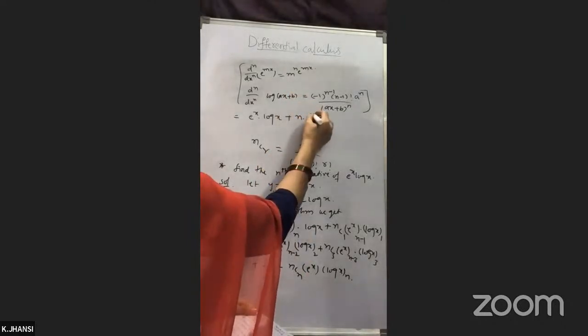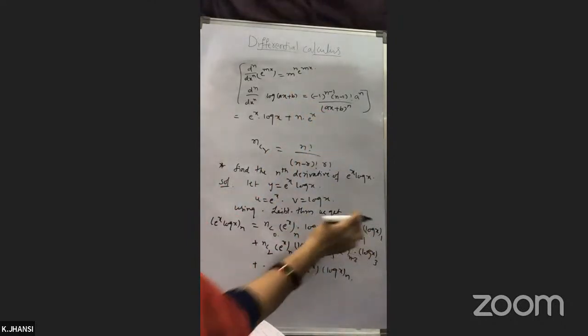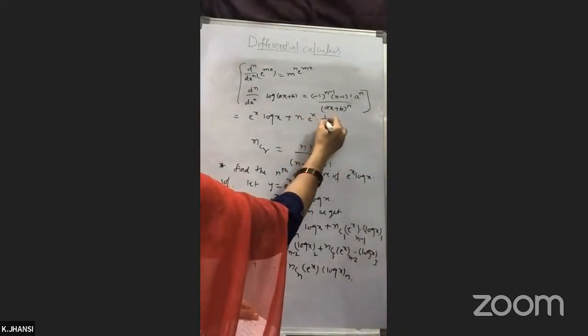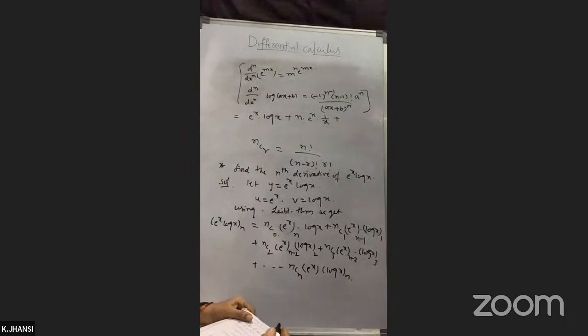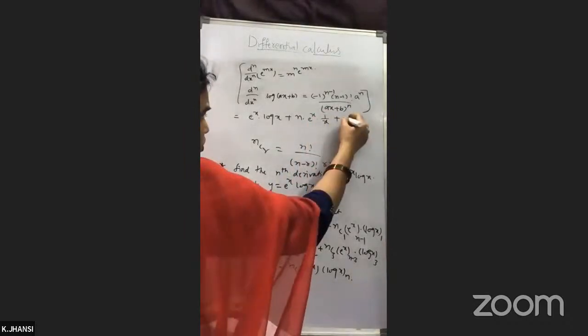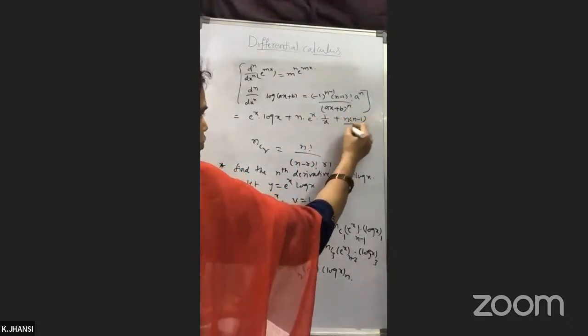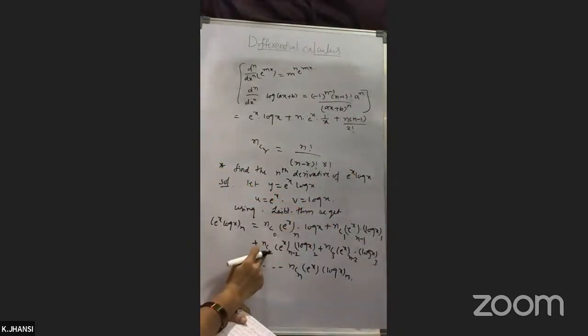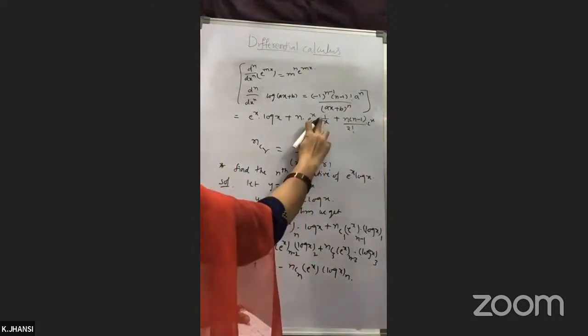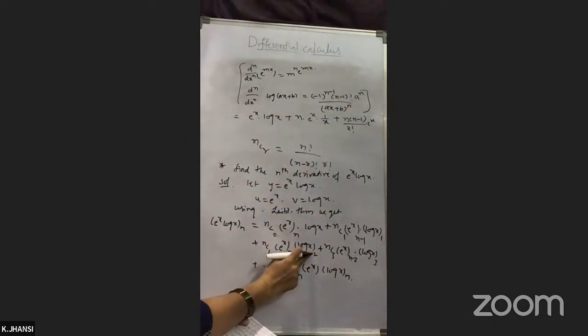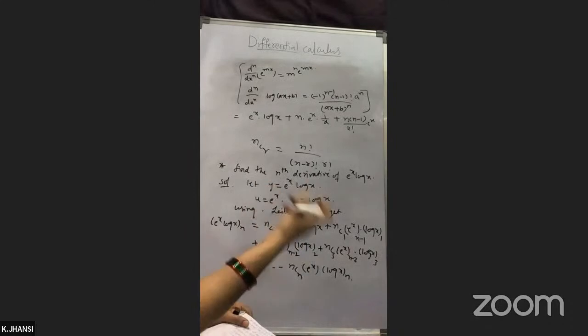So e power x into log x. Log x differentiation is 1 by x. Next you will get the third term as nC2, which means n into (n minus 1) by 2 factorial. This one is nC2. E power x only, and 1 by x differentiated 2 times, 2 in the sense second order.